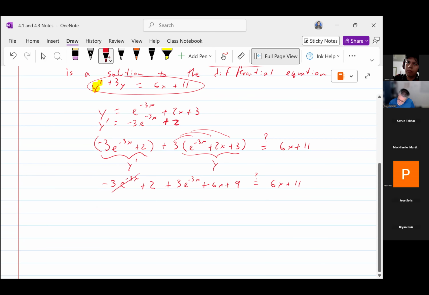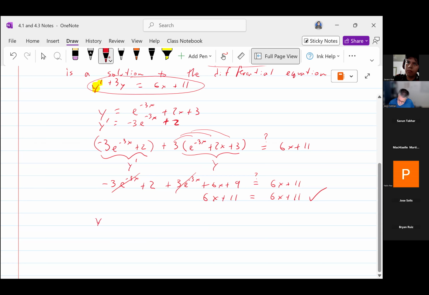Okay, and the negative 3 e to the negative 3x and the positive 3 e to the negative 3x are going to cancel. I will combine the 2 and the 9, and I get 6x plus 11, and so it does check. Okay.